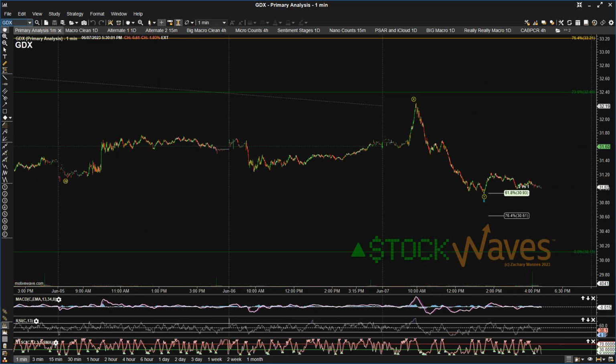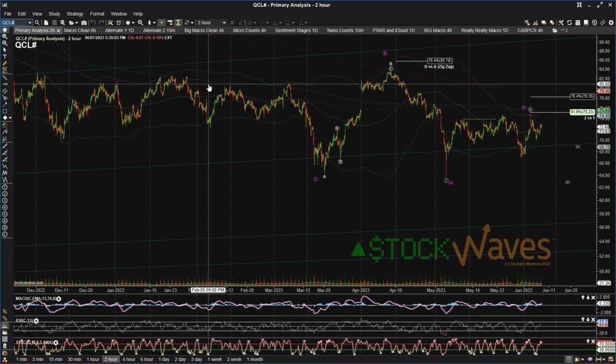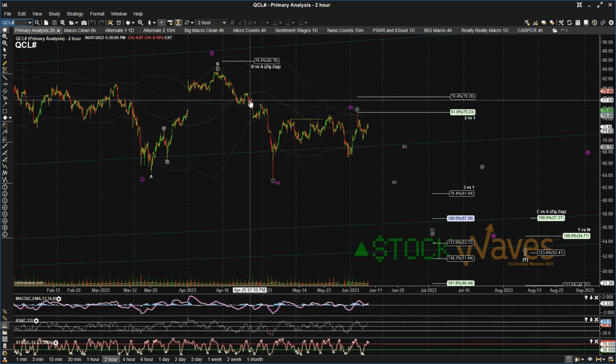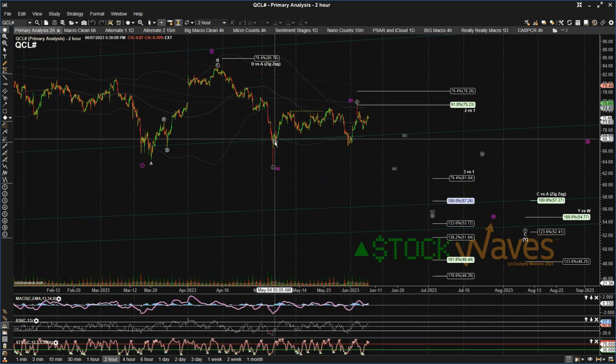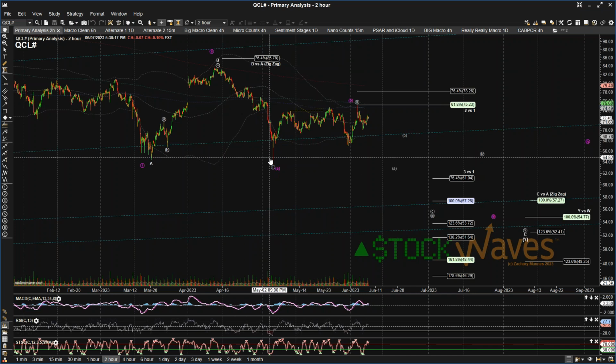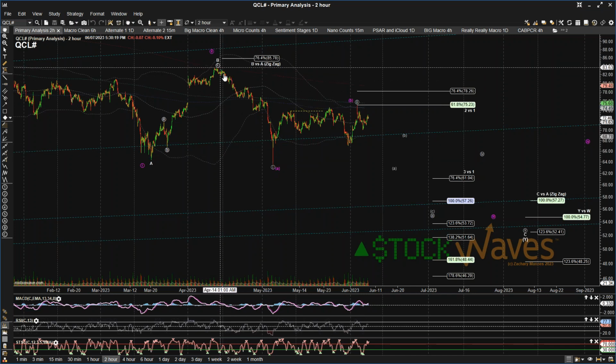Next, we should take a look at oil. Oil, I'm still short-term bearish. As long as this structure off of the May low looks corrective, which it does, it looks like an ABC flat into a 618 retrace of an initial move down from the April high.